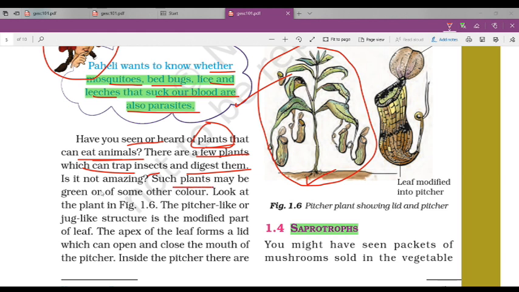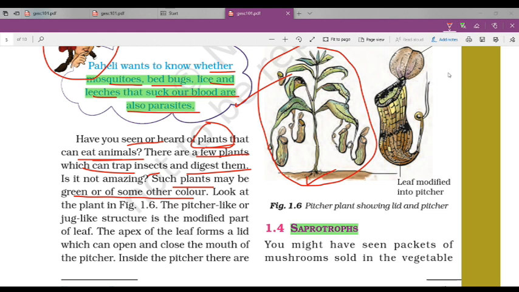Such plants may be green or of some other color. They may be green because they are doing photosynthesis, and they need some other nutrients, especially nitrogen.